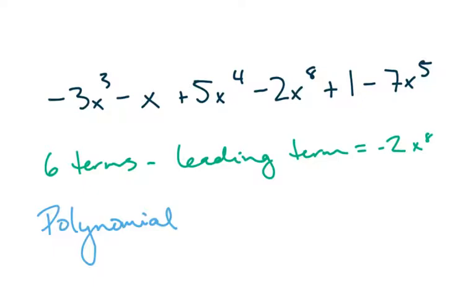So let me give, for example, this term has a degree of 3. This term has a degree of 3 because the exponent, it's to the 3rd power. Now this term is just x, or negative x. This is to the 1st degree. This is x to the 1st.